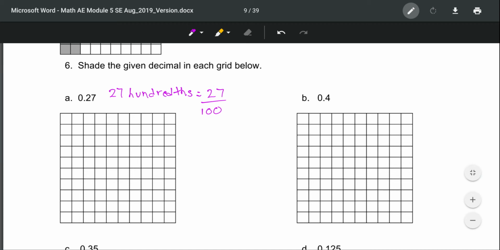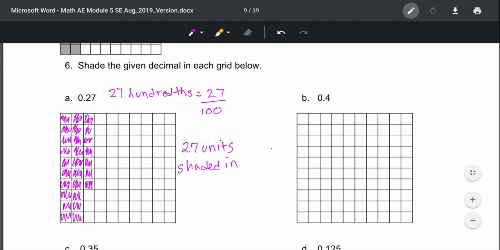So go ahead and try that. So shade in 27 of these squares. So you should have 27 units shaded in for letter A.